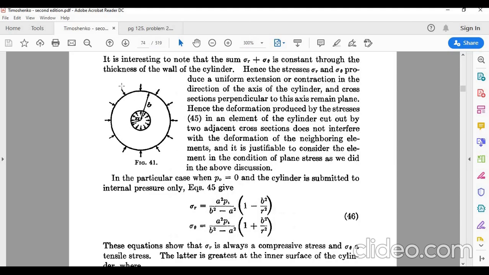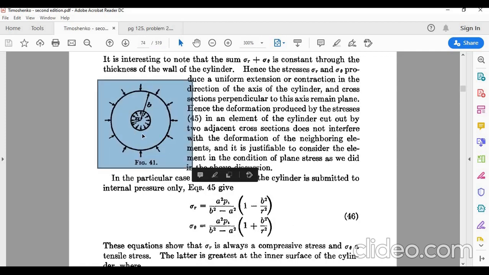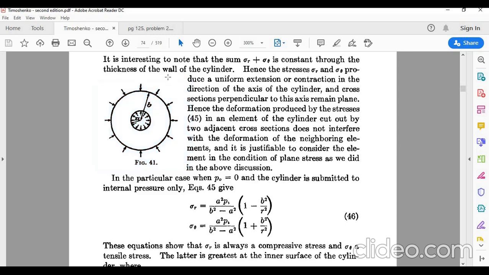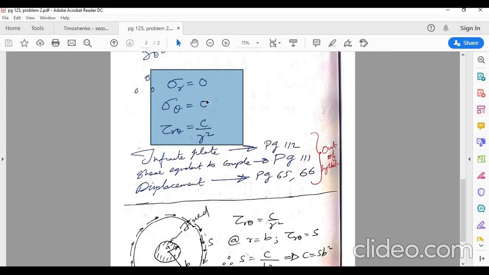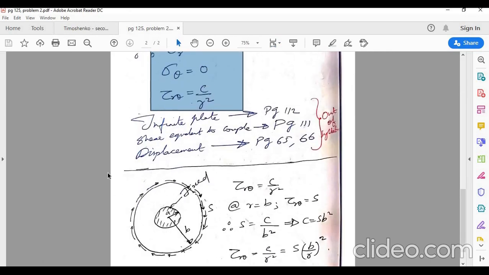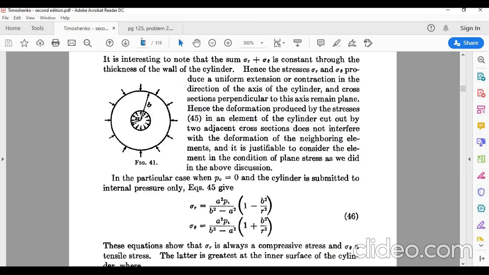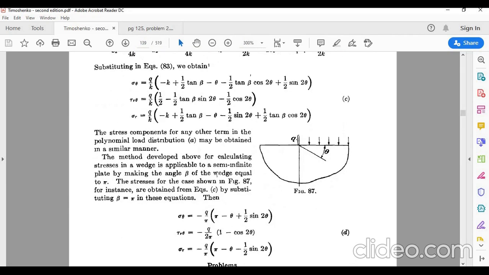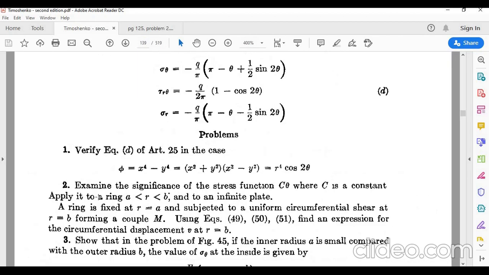During our class work, we had solved the problem of an annular disk, but there we solved problems which are independent of r and theta. So now let us look at how these stresses relate to an annular disk. You are asked to apply it to an annular disk with internal radius a. So this is like a ring, with internal radius a and external radius b.